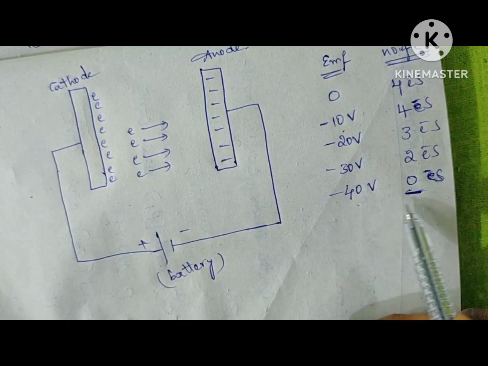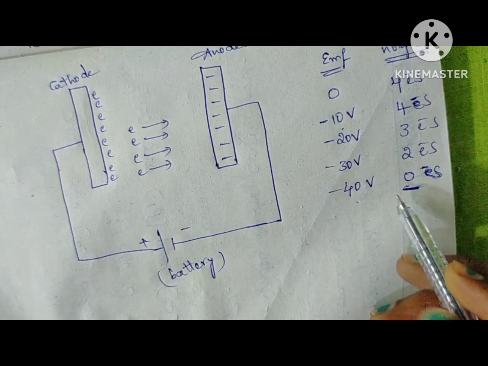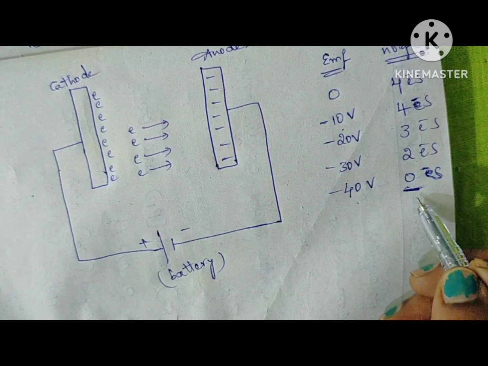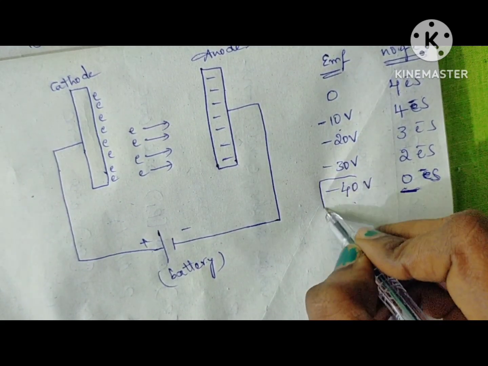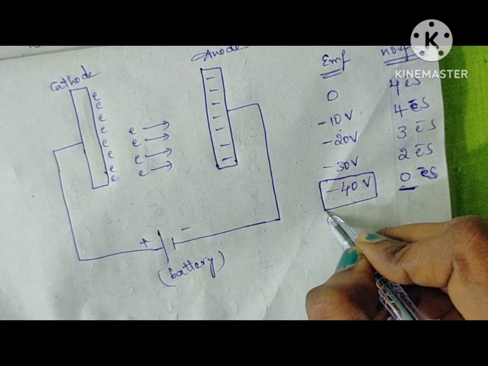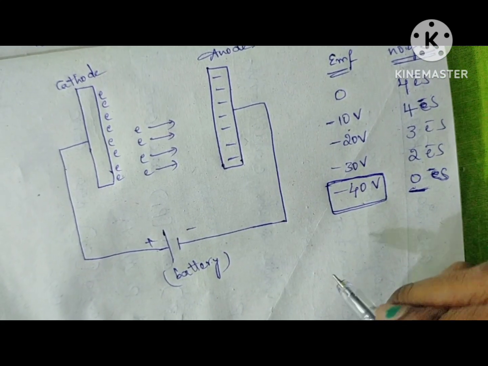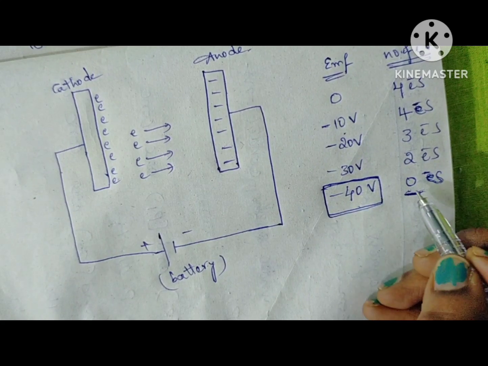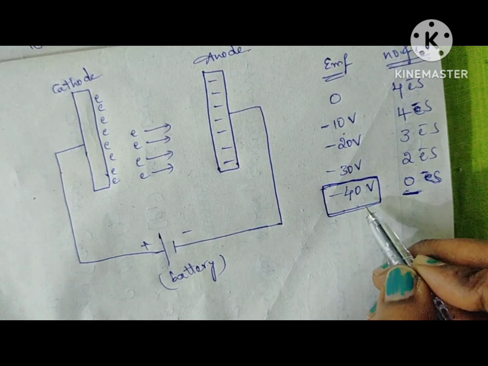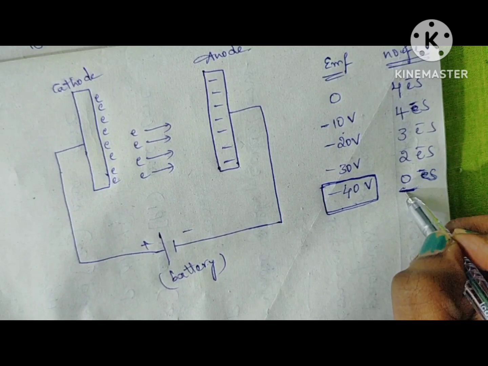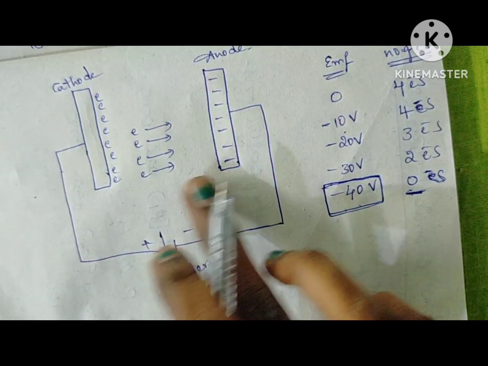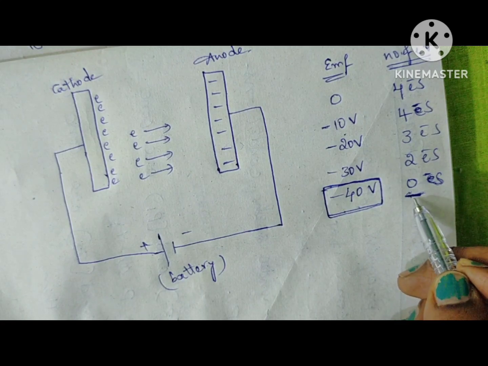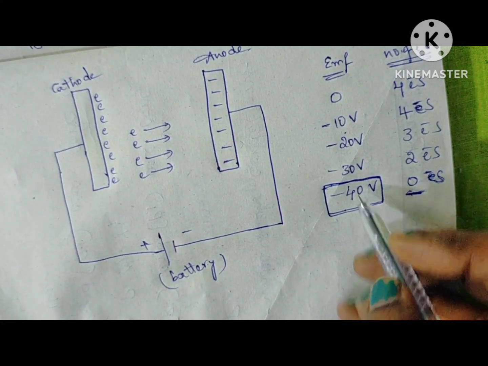So this value of potential at which photocurrent is 0 is called stopping potential. See, listen carefully. This is very, very important. You need to write the definitions in the exams. So this value of potential at which photocurrent is 0, no power supply in between the cathode and anode, is called the stopping potential.